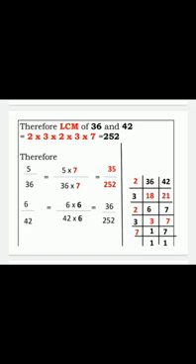And 6 upon 42. With 42, what are you going to multiply to get 252? Yes, you are going to multiply 6. So this 6 again has to be multiplied with your numerator also. So 6 upon 42 is equal to 6 into 6 upon 42 into 6, which is equal to 36 upon 252.